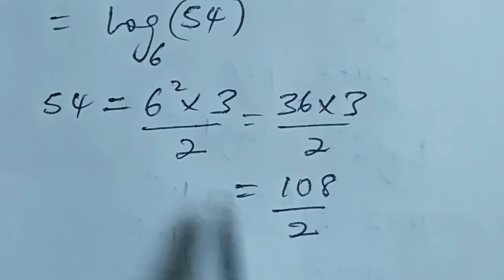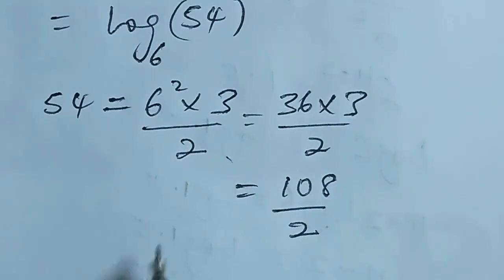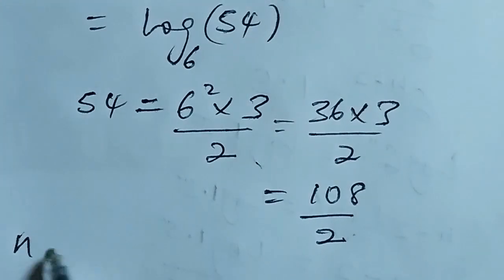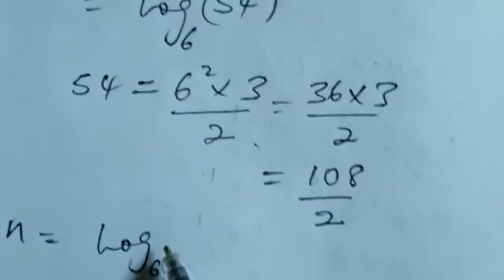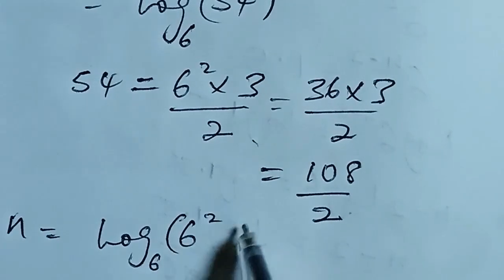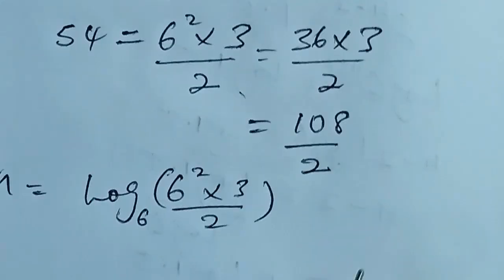So this means I have simplified 54 as this expression. So let's take this. Then we have n equal to log base 6, 6 to the power of 2 multiplied by 3 over 2 in brackets.